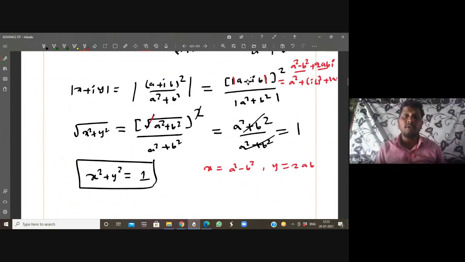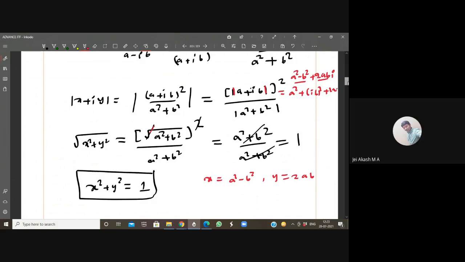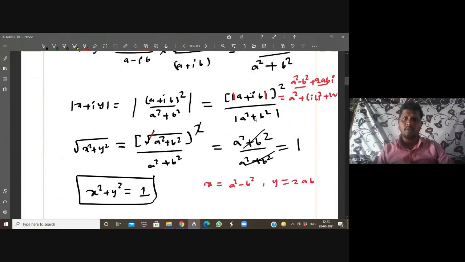Yes, modulus of a plus iota times of b formula is what? Root over a square plus b square only. So why are you not taking the modulus for the denominator, sir? I have taken already here. See, is there any iota term here? No, sir. Whenever you are having iota, then only you can take the square root. No iota, no need.